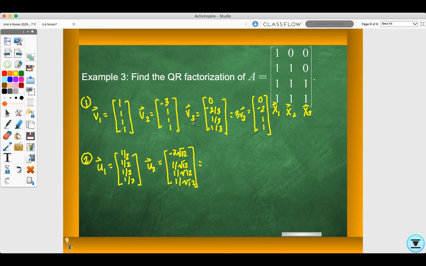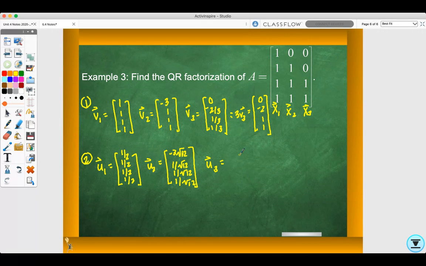Since nothing will cancel out, we can leave it as just the square root of 12, since it won't cancel out with anything in the denominator. I usually only find my perfect squares if it will cancel out with anything in the numerator.